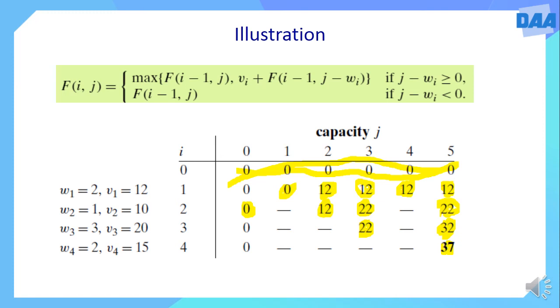Unnecessary subproblems like f of 2 1, f of 3 1, f of 4 1, all these are not computed. And one more thing is, once a value is computed, it is not computed again. So this is how we can use memory functions to find the optimal solution for the knapsack problem.